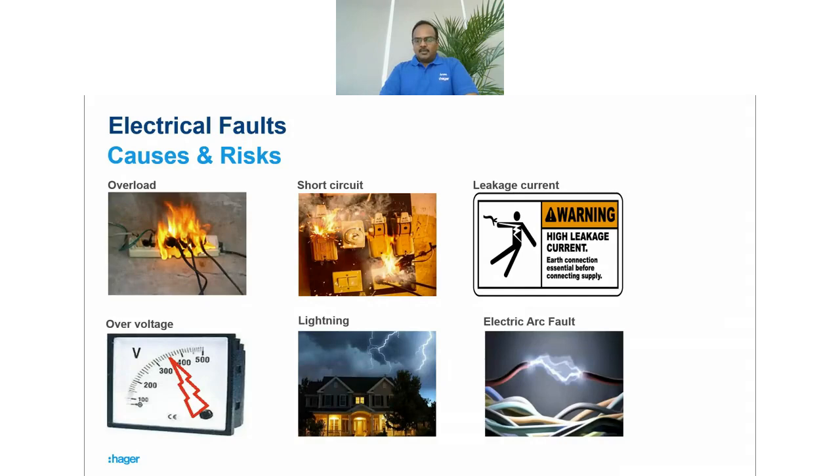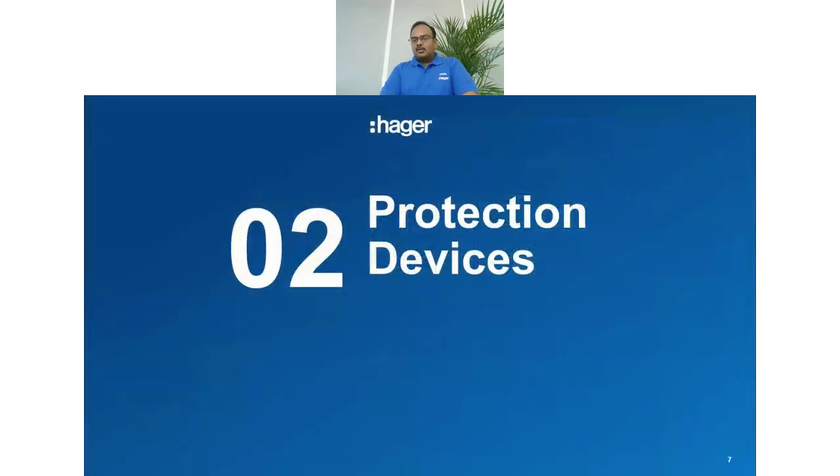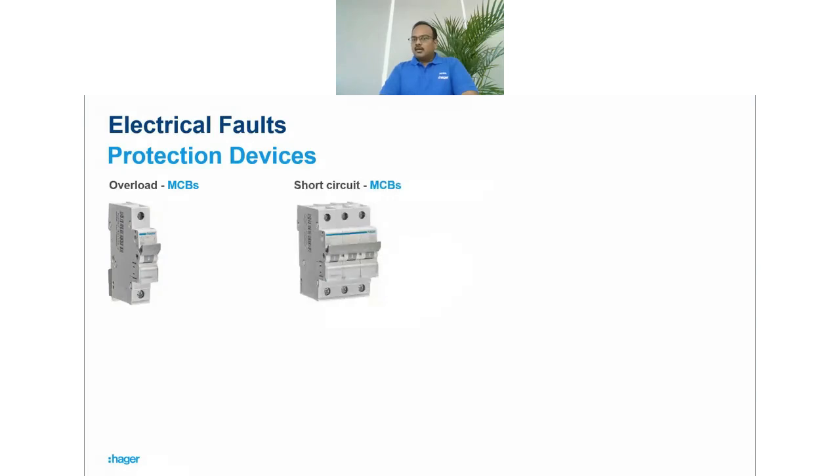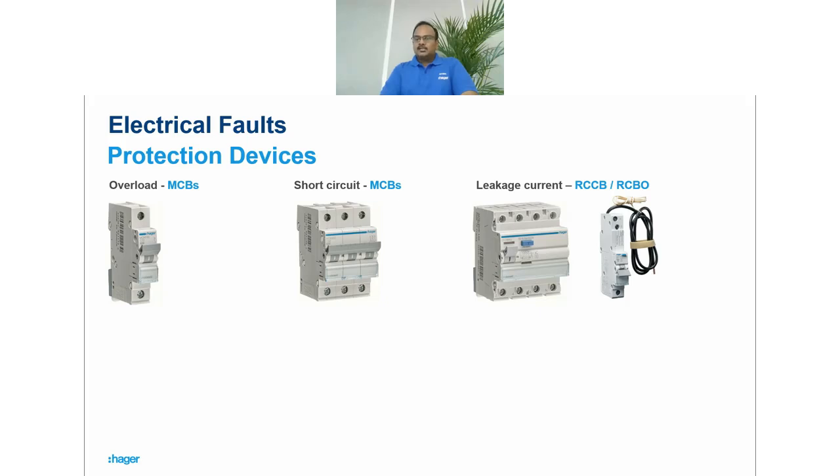We go to the next slide to understand how we are protecting against all that we said just now using our protective devices. For sure, we all know that for overload and short circuit, MCBs are used. For leakage currents, RCCBs and RCBOs are in place. So we have devices already in place for all these faults.